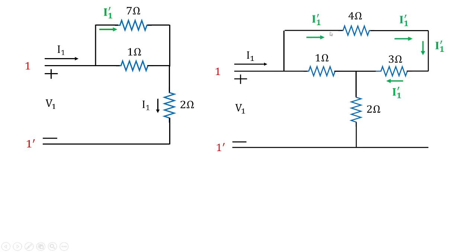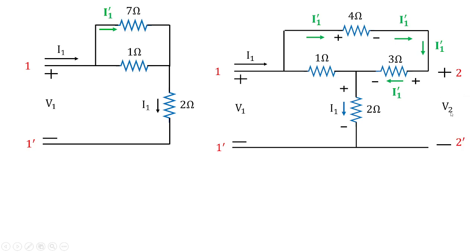So I1 dash would be flowing across 4 and 3 in this fashion. When the current flows through the resistors, the potential developed across 4 and 3 would be in this fashion. And the actual current flowing in 2 ohms, that is I1, will develop a potential drop across 2 ohms, which is shown by this sign convention.